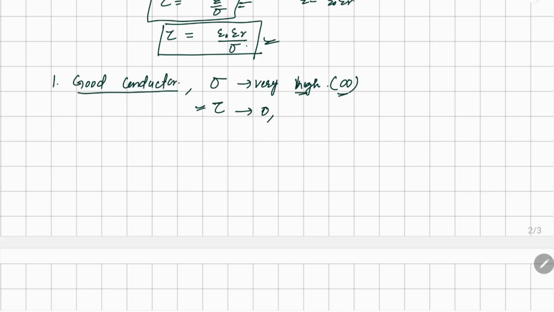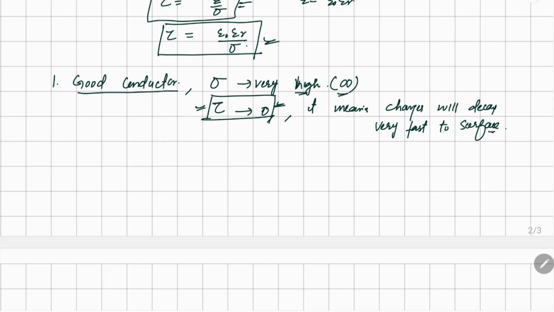If the characteristic time is 0, we say it's a very good conductor, an ideal conductor. It means the charges will decay very fast to the surface. We want it to take no time to move all the free charges to the surface. If that happens, that is an ideal conductor.